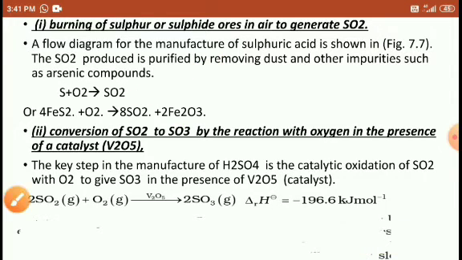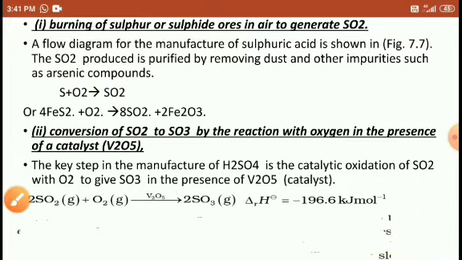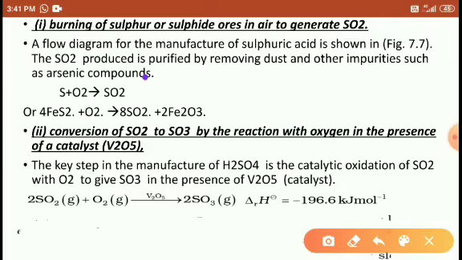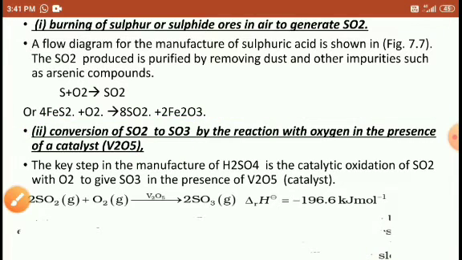Whenever we use the ore, it is purified by removing dust and impurities such as arsenic compounds. After that, the purified sulfur reacts with oxygen to form sulfur dioxide. Second, conversion of sulfur dioxide to sulfur trioxide in the presence of vanadium pentoxide catalyst.